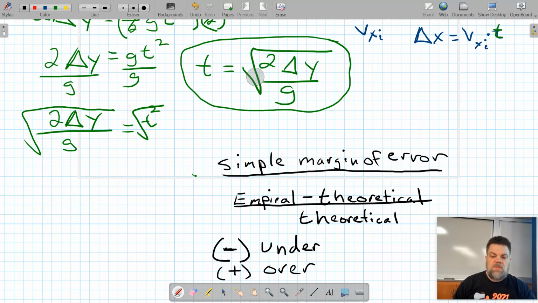Okay. So when I do the math, if I have a negative number, that means the data that I actually observed, that I measured, is under what the theoretical is supposed to be. And if it's a positive value, it means that I'm over. Okay. And because it'll be a decimal, we can end up with a percentage.